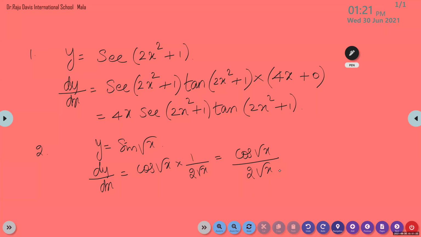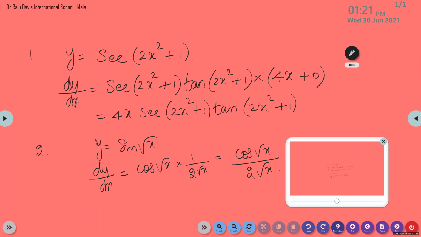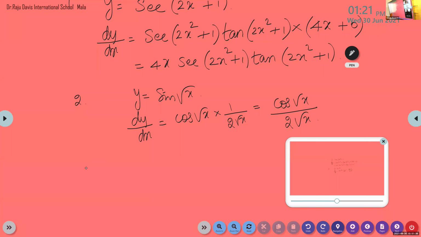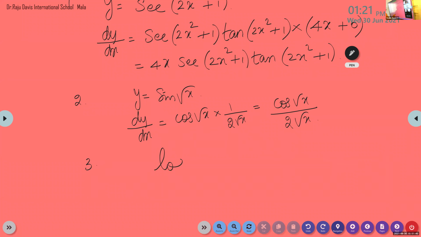Okay. Write the next one. Find the derivative of log of 1 by x. Emmanuel, what is the derivative of log x? Log x itself? No. 1 by x.